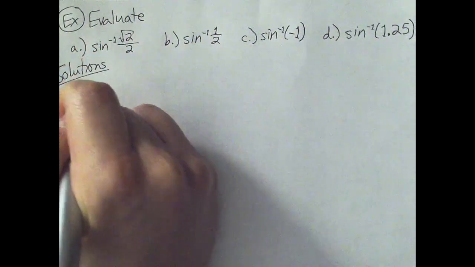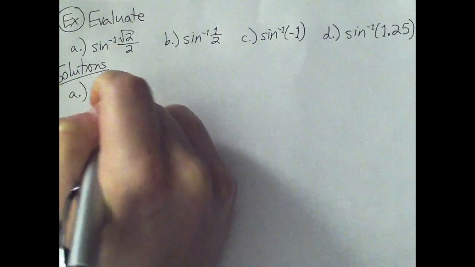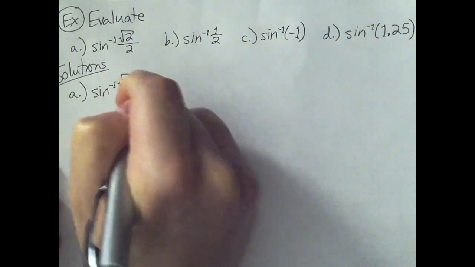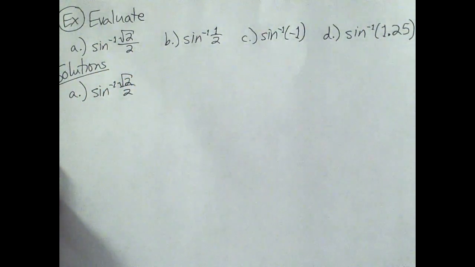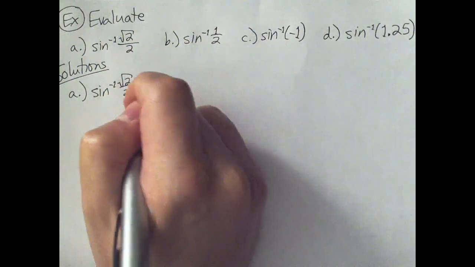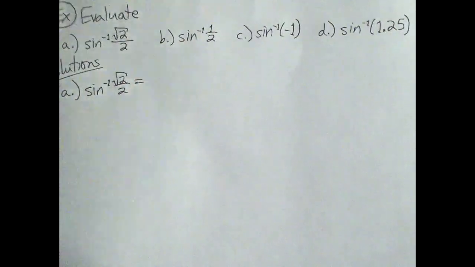All right, so for part A, inverse sine of the square root of 2 over 2. The square root of 2 over 2 is definitely a familiar number to us. We've been using that a lot these past couple of weeks. That number's shown up. And we're basically asking, what does this equal?